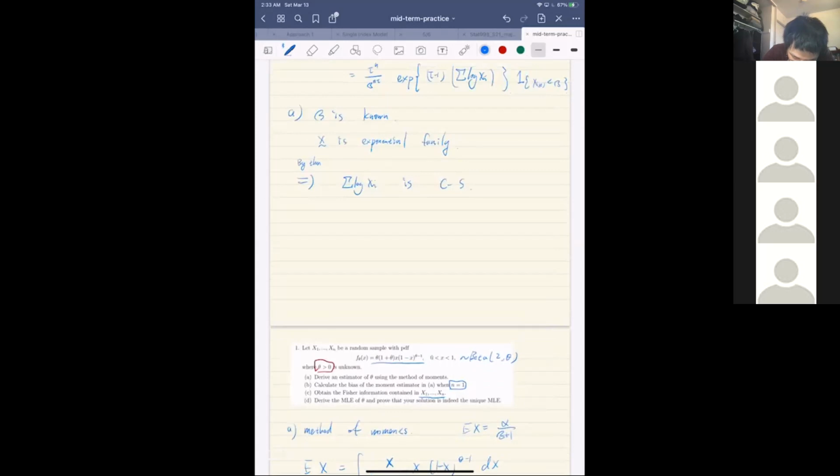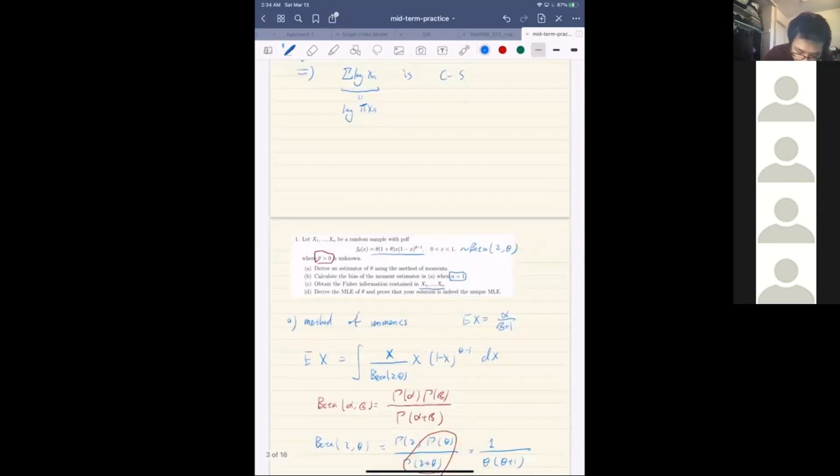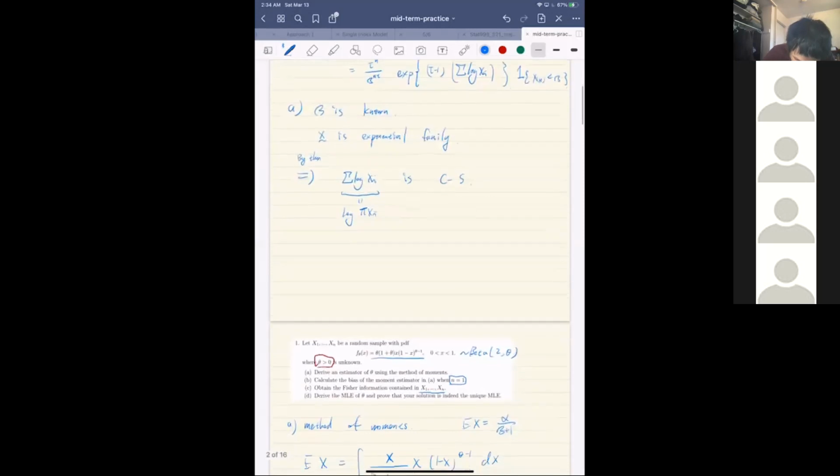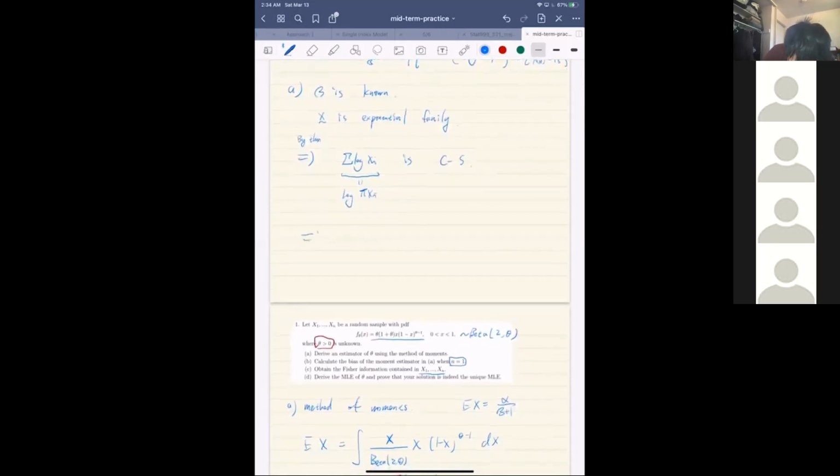And this one is equal to log product xi, and the log is a one-to-one function, so the product xi is also complete sufficient.